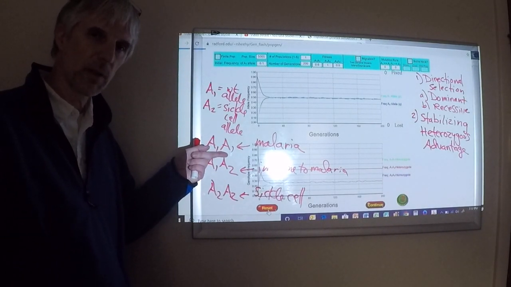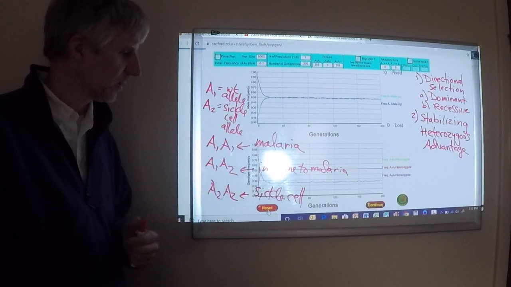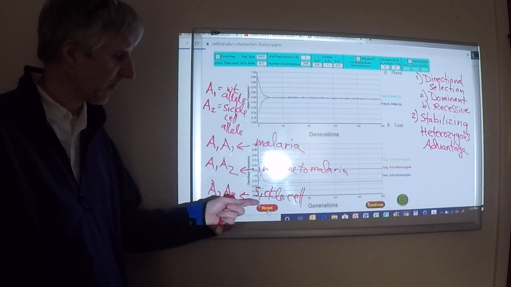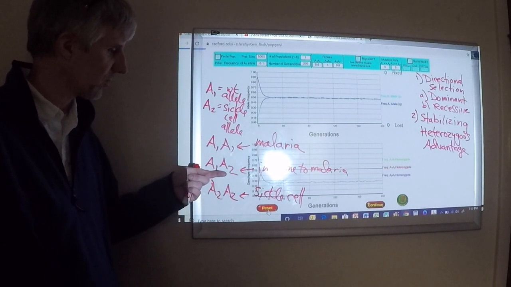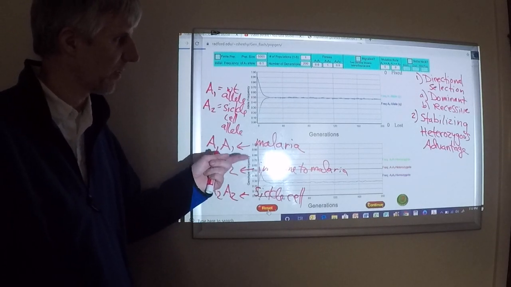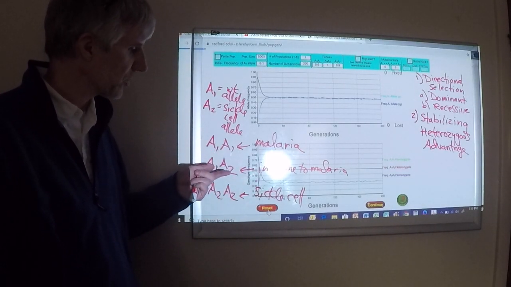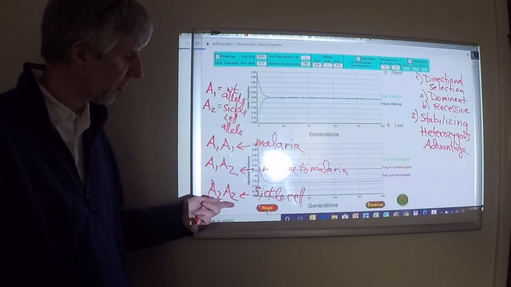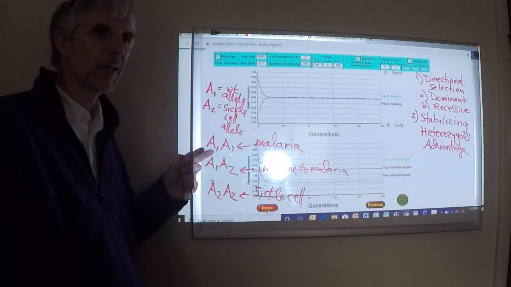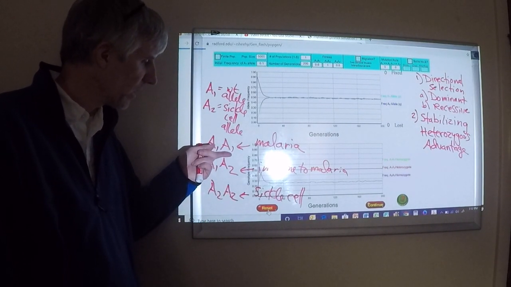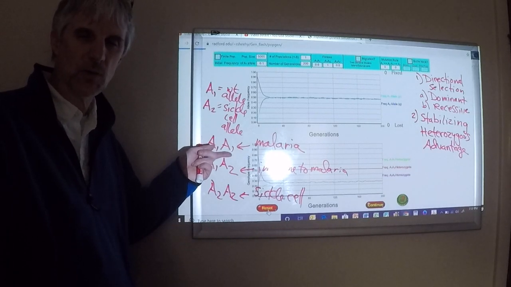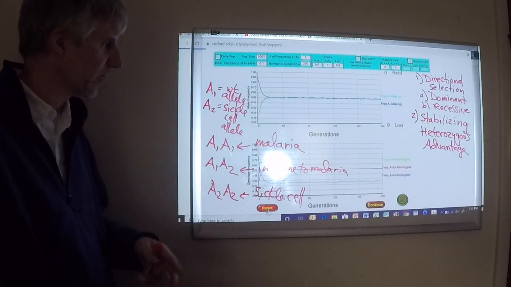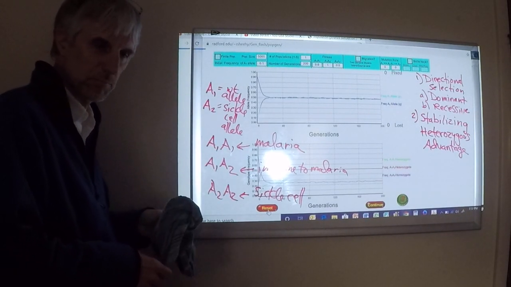These individuals have a lower fitness because of susceptibility to malaria. These have a lower fitness because of susceptibility to sickle cell, and these individuals have the highest fitness. Natural selection works to keep both alleles in the population, even though each of these alleles by itself is pretty lousy. It's only when they're together that things are good. Is that okay?